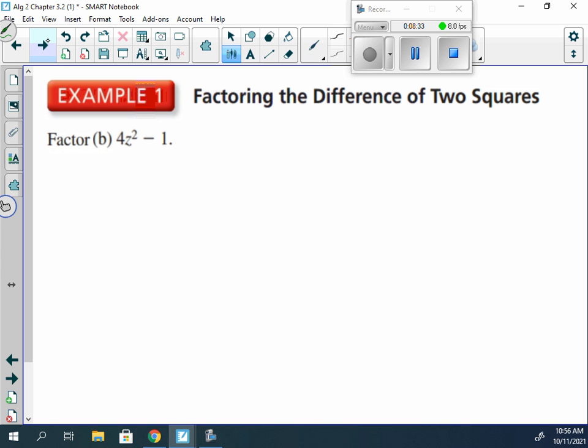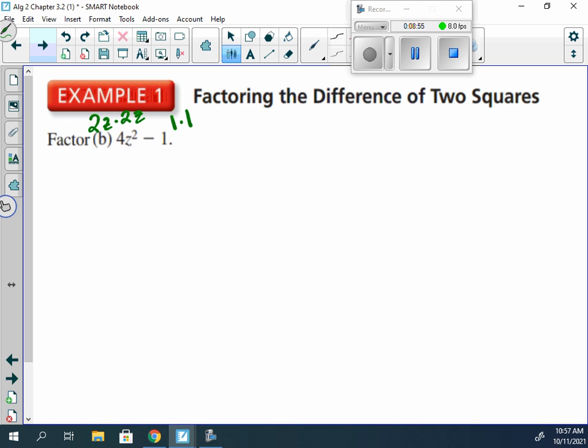So it is a perfect square because we could say that this is 1 times 1. Is 4z squared a perfect square? Is 4 a perfect square? 2 times 2, and z squared would be z times z. So 4z squared is really just 2z times 2z.